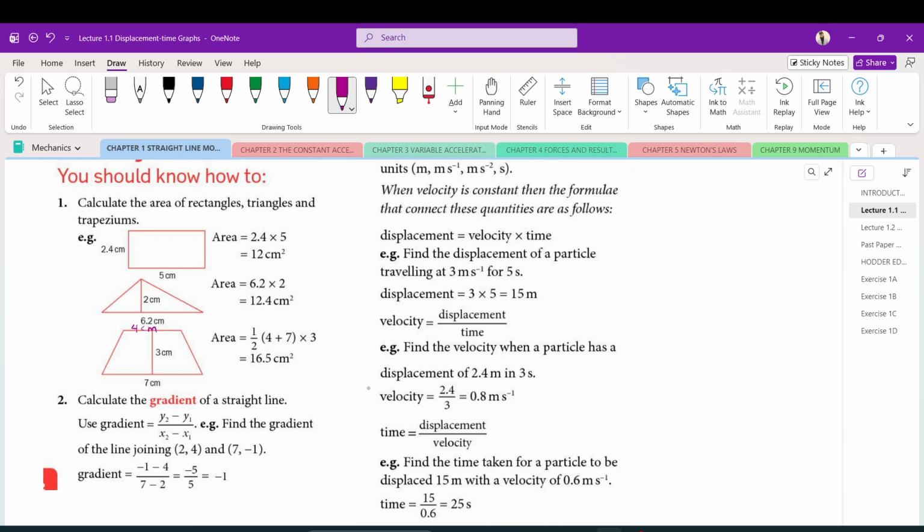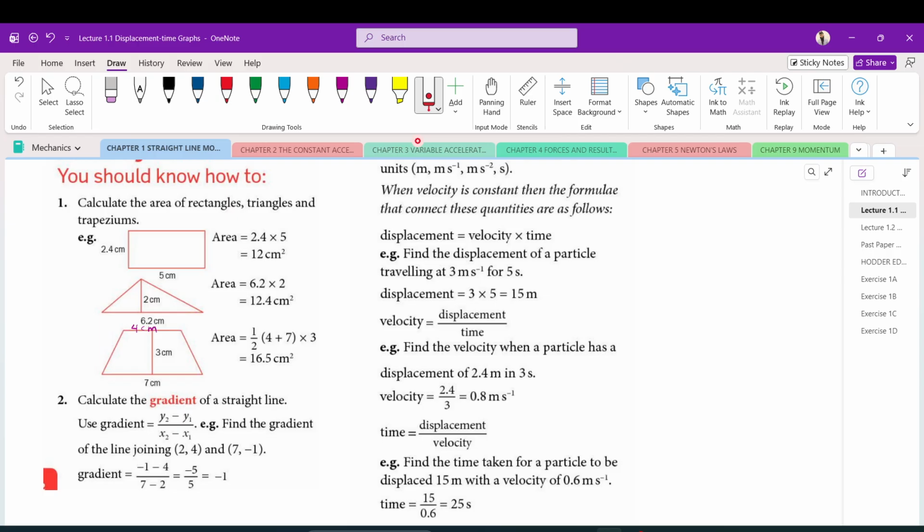Okay, now the perpendicular distance between these two sides is 3 centimeters. So the area of trapezium will be half into the sum of parallel sides, which is 4 plus 7, multiplied by the perpendicular distance between these two sides. That will be 3 centimeters. Okay, so the area will be 16.5 centimeters square.